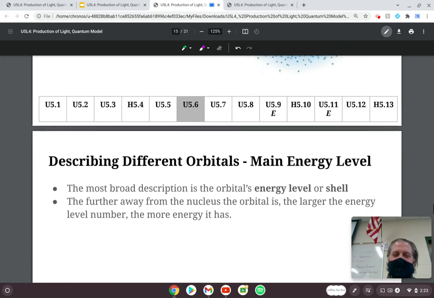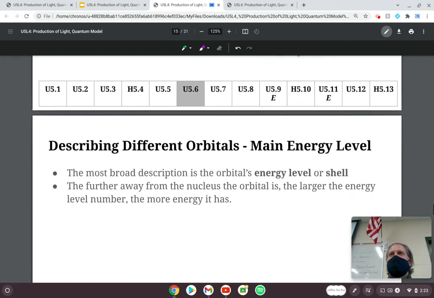All right, so we can say for the scope of this class that all atoms have 7 energy levels or shells. The further away from the nucleus an energy level is, the more energy the electron will have.